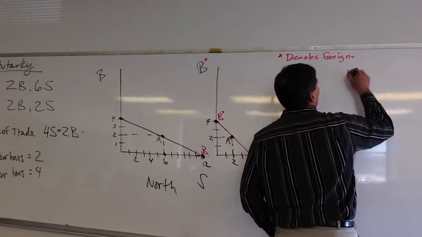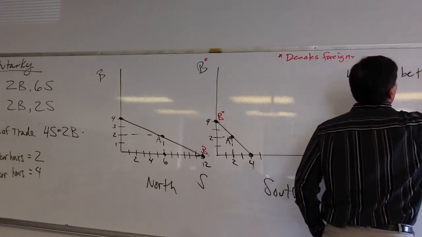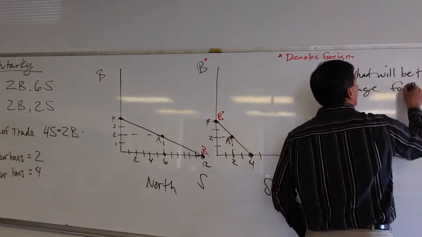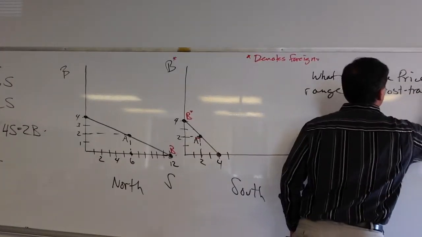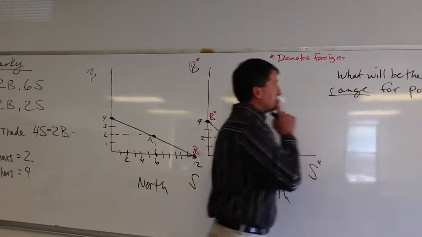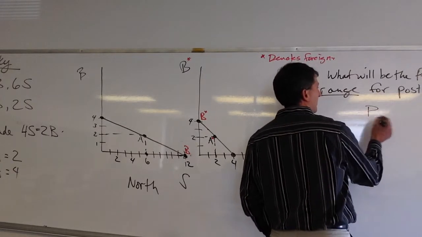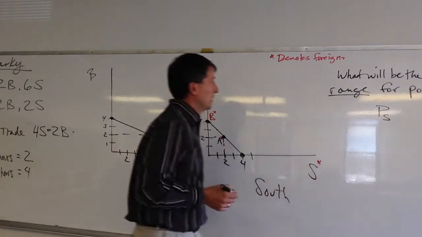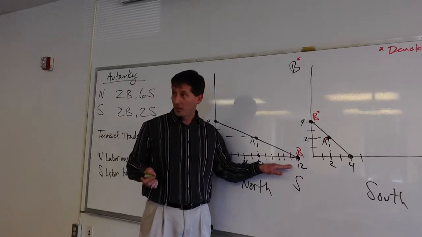So what will be the price range post-trade? I didn't word that the best here. So we know that the price of shirts needs to be greater than a third.